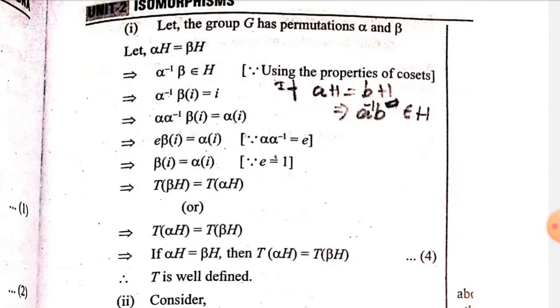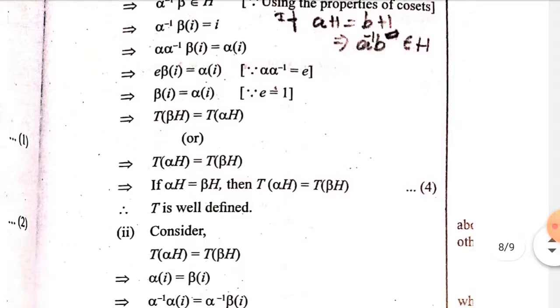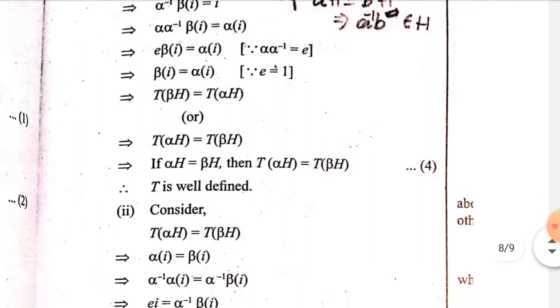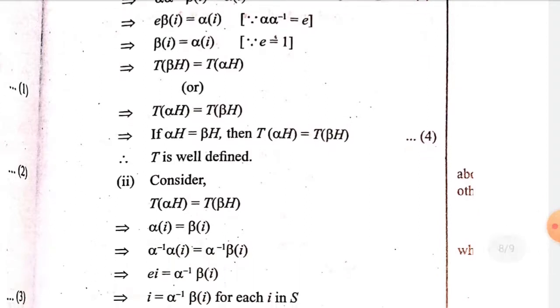Beta of i can be written as T of beta H, by the defined function. Here T of alpha H equals alpha of i, so alpha of i can be written as T of alpha H. So T of beta H equals T of alpha H. By taking alpha H equals beta H, we got T of alpha H equals T of beta H, so T is well defined.